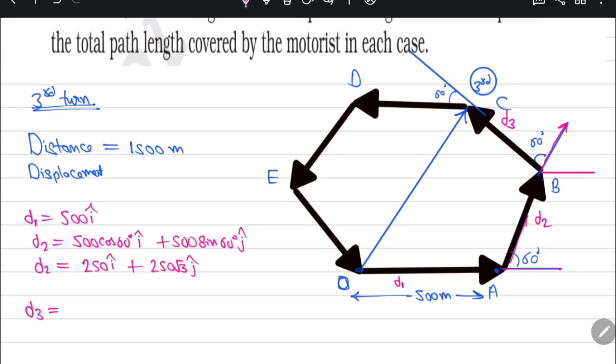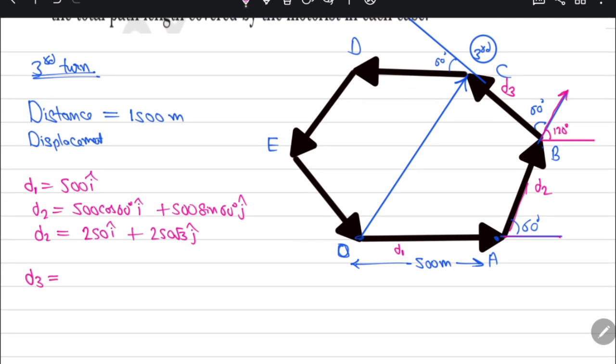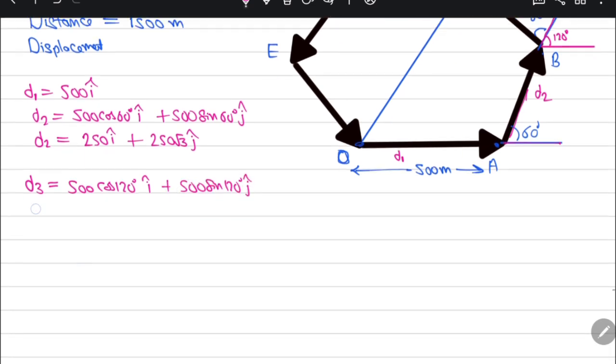Now we find d3. If this angle is 60 degrees, then this is definitely 120 degrees. So d3 is 500 cos 120 degrees i cap plus 500 sin 120 degrees j cap.